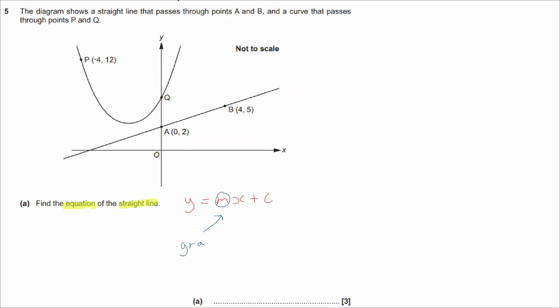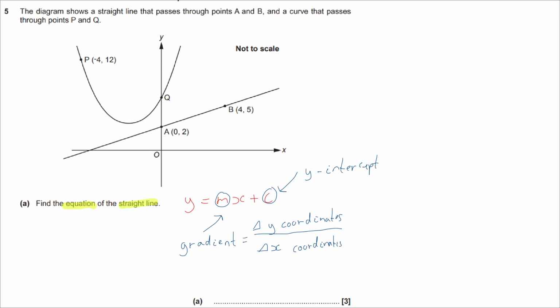Okay, the gradient, and that just means the rise over the run, or you can think about it as the change in the y coordinates over the change in the x coordinates. Okay, and the c part, that is the y intercept, that is where your line crosses the y-axis.